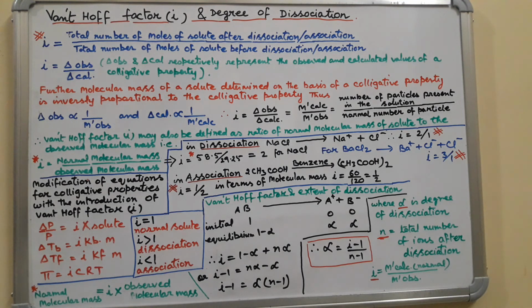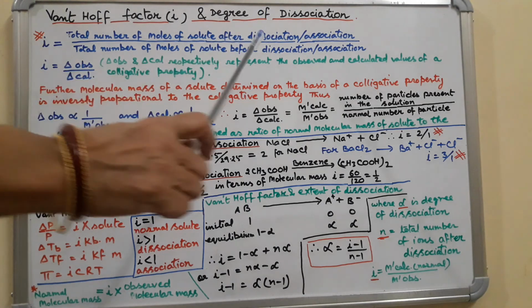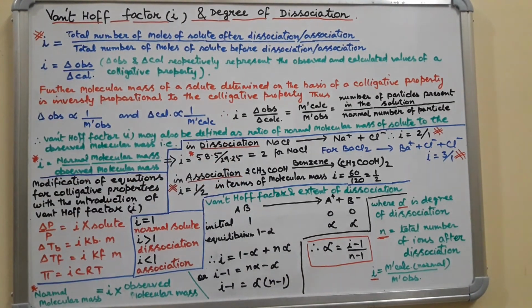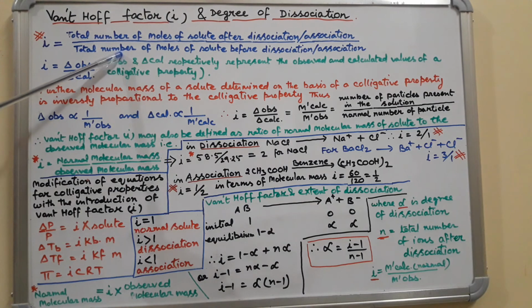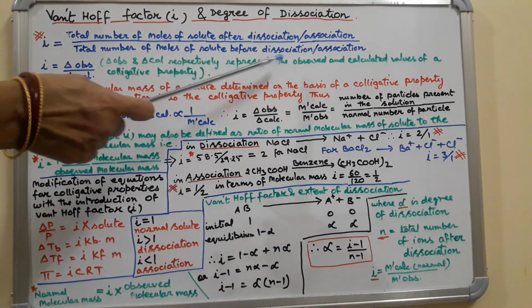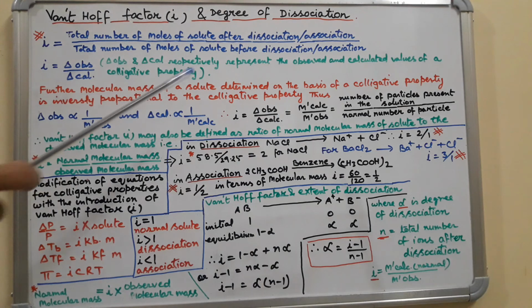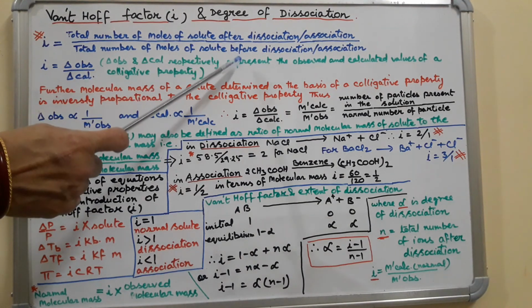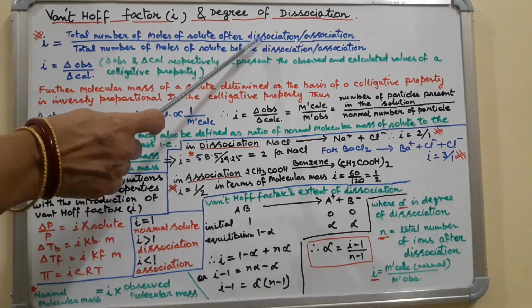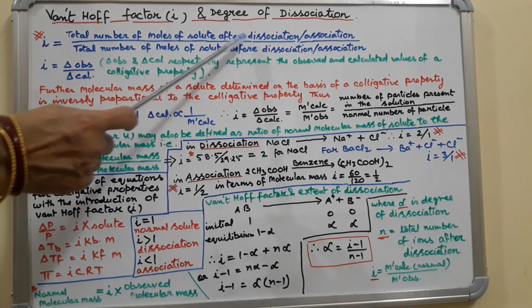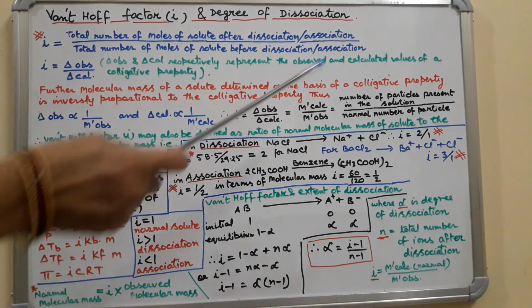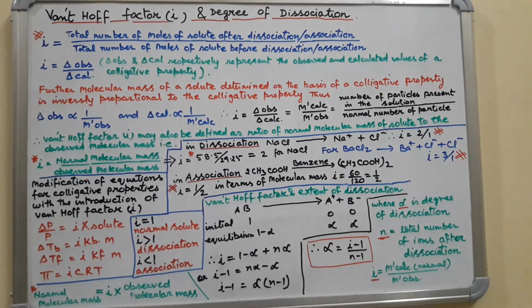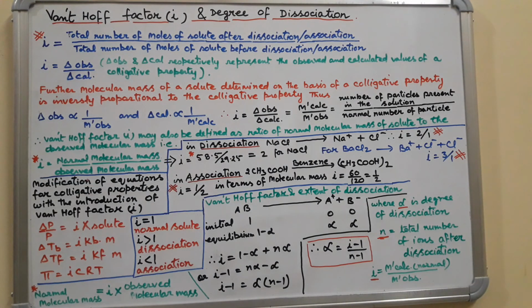So, this Van 't Hoff factor i is a ratio of the total number of moles of solute after dissociation or association upon the total number of moles of solute before dissociation and association. So you have to remember the terms after and before, because in case of dissociation, the number of particles will increase after. In case of association, the number of particles will become less.